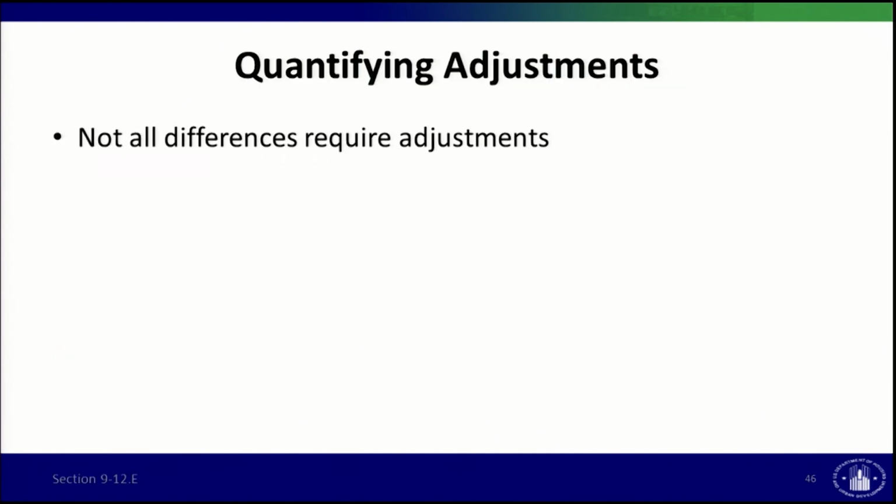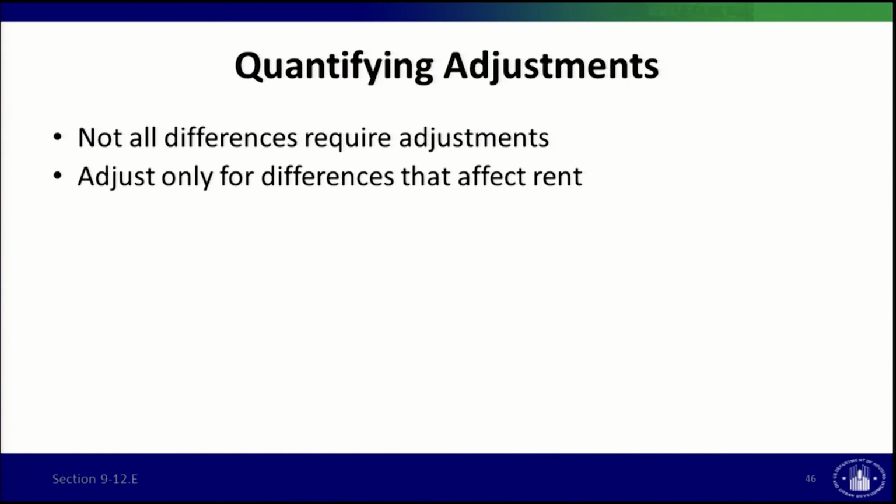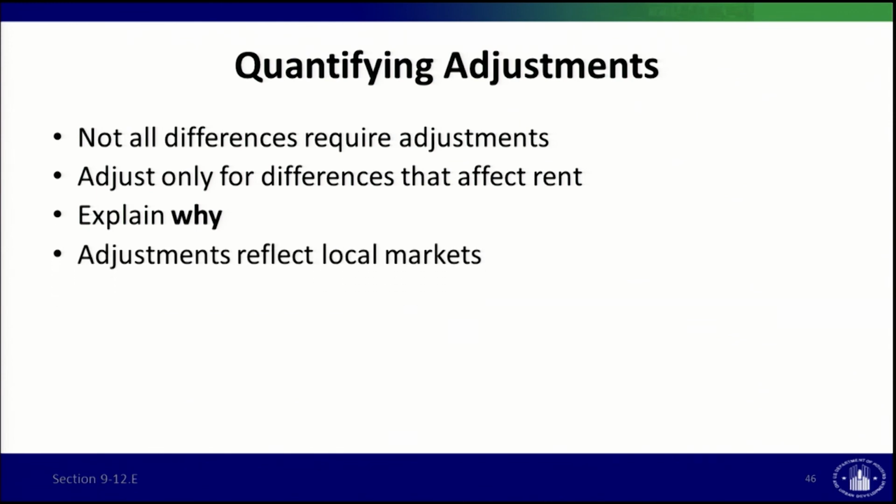Now, as you know, not all differences require adjustments, and you only need to make adjustments for differences that affect rent. A decorative berm at the rear of the property probably doesn't demand an adjustment. If it looks like the differential would affect the rental value, you have to explain why you did not include it. You need to make adjustments to reflect local market rents.